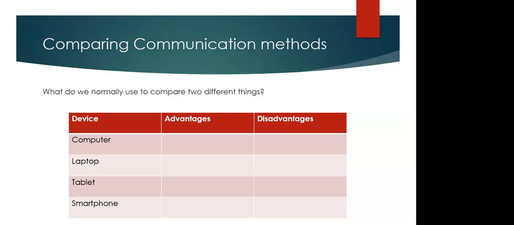Are there any comparatives that we know even before we go to the table? For example, cheaper. Very good. That's Elvis. Feel free to unmute and give your answers. Elaine is saying taller, and that's good.